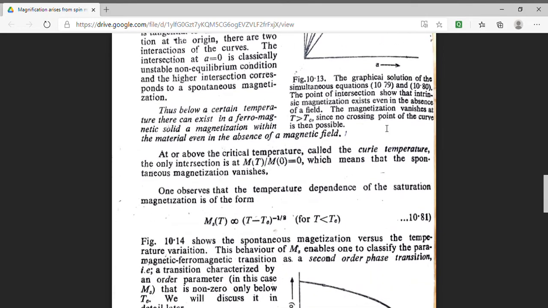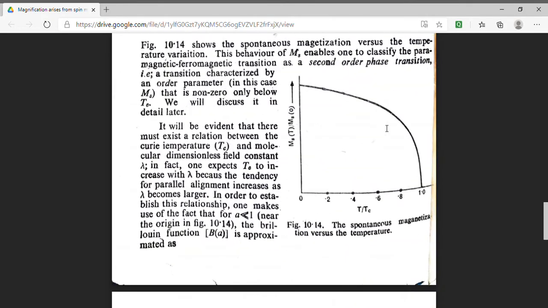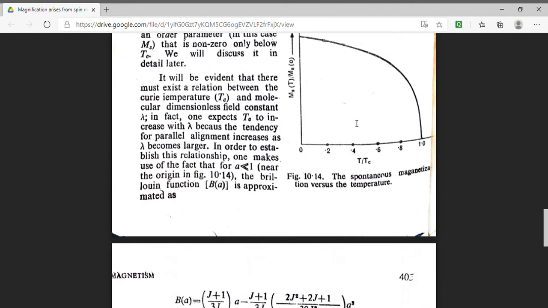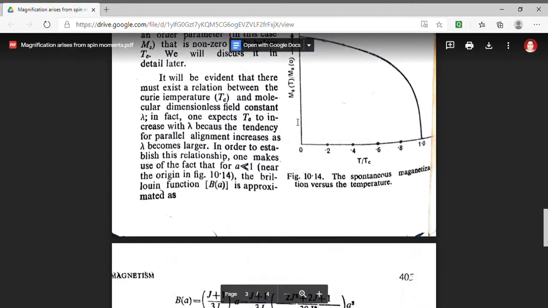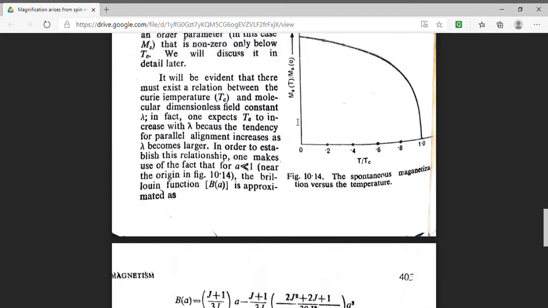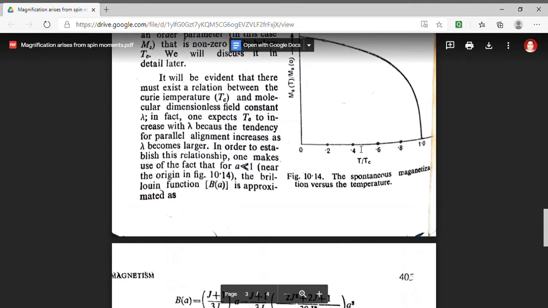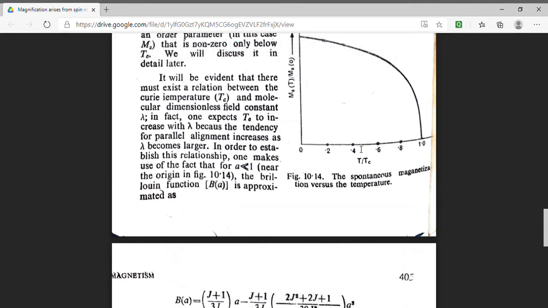Now, in today's lecture, we will discuss the variation of Tc and lambda. This is the plot between saturation magnetization and temperature. We can clearly see that when T approaches Tc, the saturation magnetization vanishes.